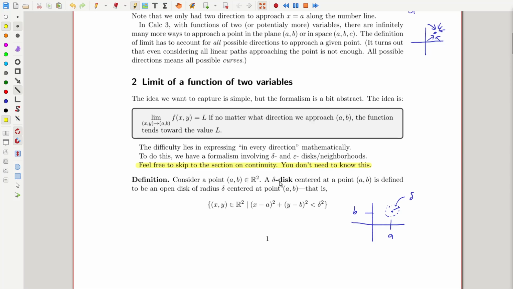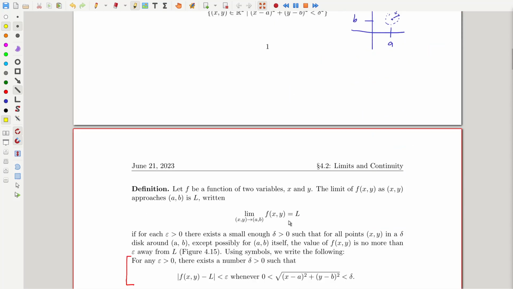So it could be a delta disk, an epsilon disk, but that symbol is representing the radius of the disk. You can see that in this formula here. This is the formula of a disk centered at the point A comma B with radius delta, which is the picture I've drawn here. It does not include the boundary of the disk because this is a strict inequality, right? We don't have an equals there.